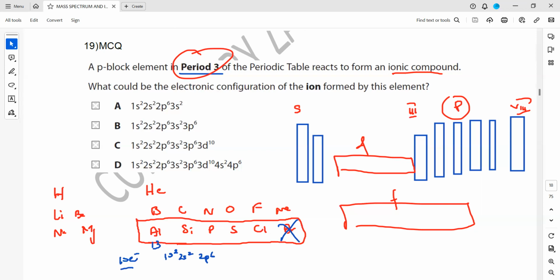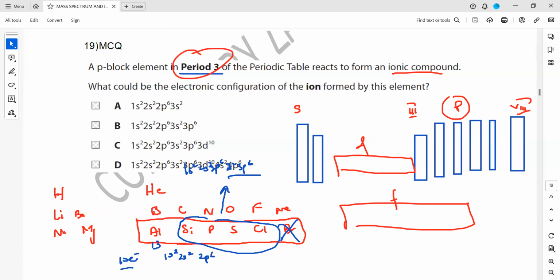And if non-metals are reacting, they will complete the octet, like they will complete the third shell. So all the ions of silicon, phosphorus, sulfur, chlorine, when they form the ion, will have 1s2, 2s2, 2p6, 3s2, and 3p6. The octet should be complete, or the third shell should have 8 electrons.